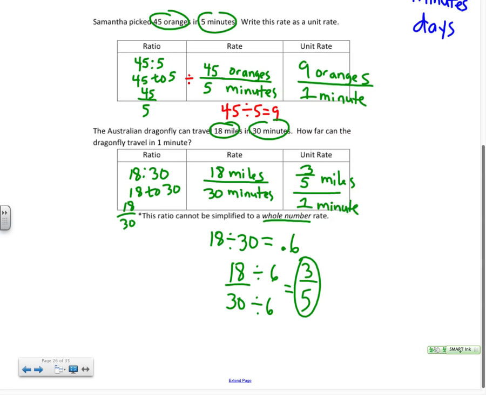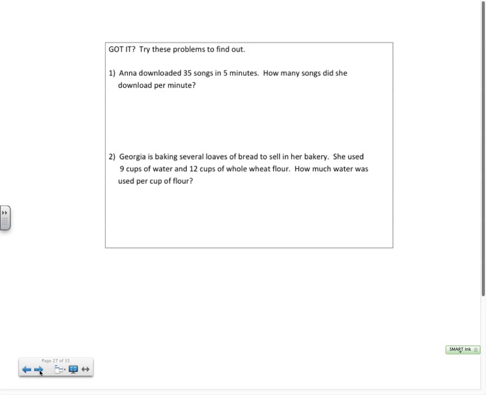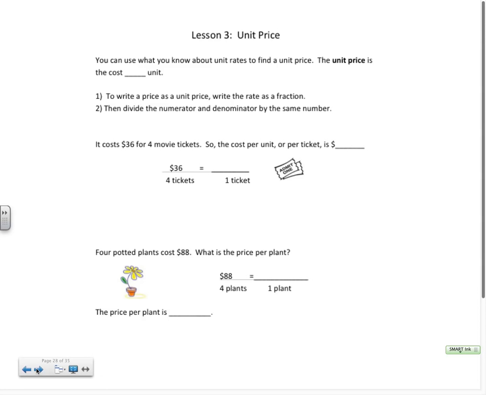The next page I would like you to try to do on your own. See if you understand it. Remember, always look back at the examples. If you're stuck, try to figure out what happened in the example. And then finally, on unit prices, just like unit rates, except we're talking about money. So you can use what you know about unit rates to find a unit price.